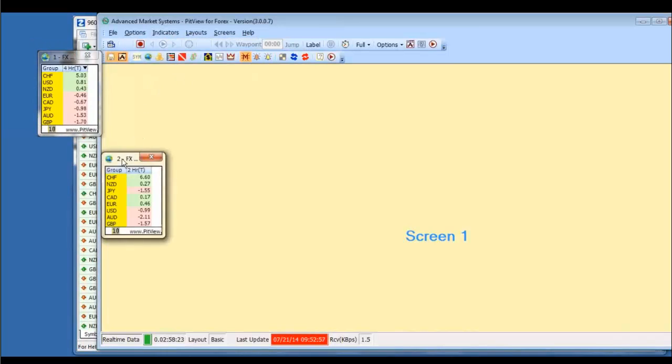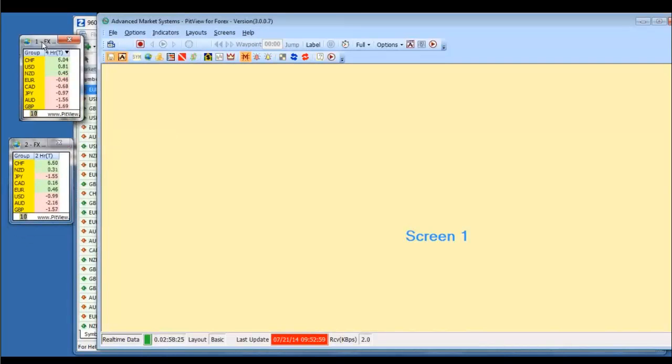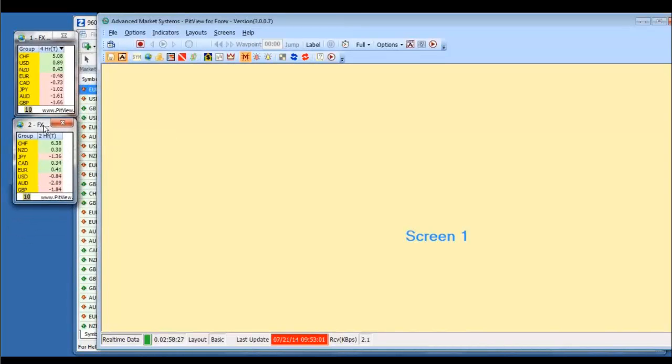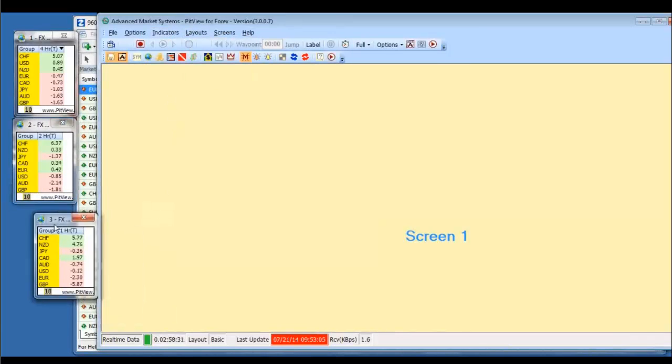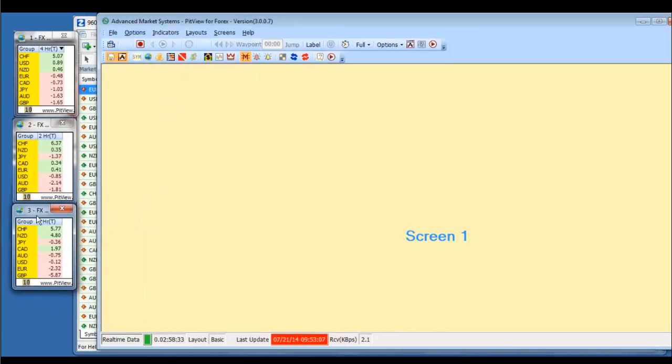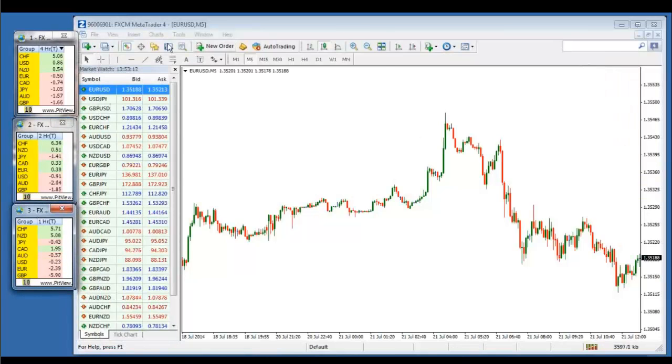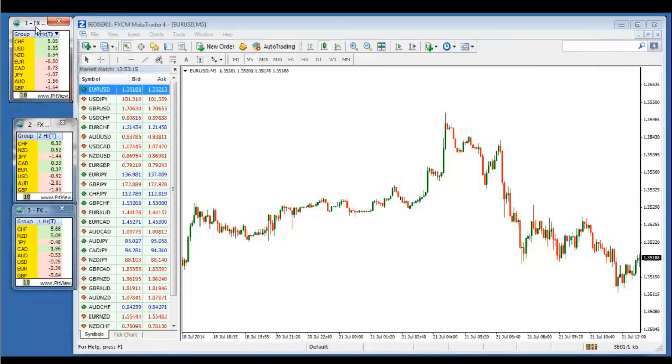I'll pull up a couple of global view windows. I'll show you how I kind of look at it when I first start off. I'm going up here to indicators, and I'm pulling up multiple global view windows. And here's my MetaTrader platform.